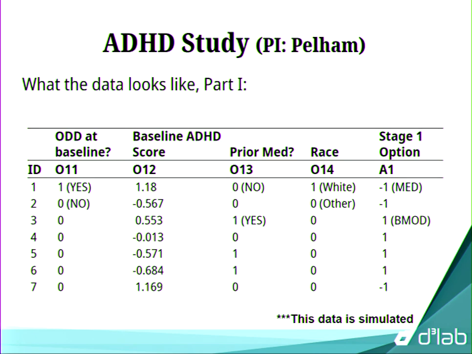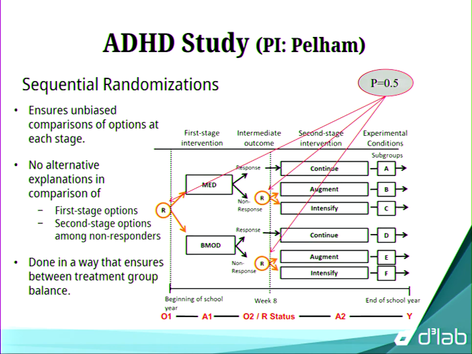Okay, so this is what the data looks like. Let's go back for a second. So when I use O1 here, I use this notation to refer to any kind of information that was measured before the first stage randomization. A1 is an indicator for the first stage intervention options.